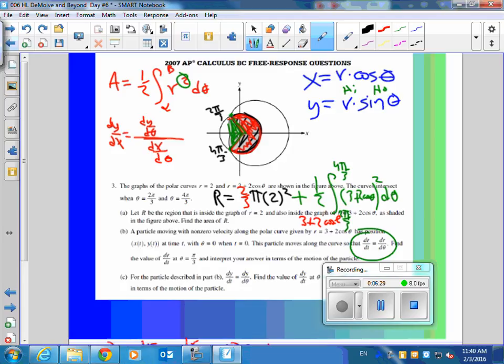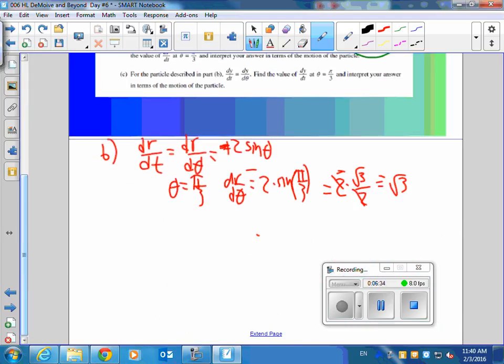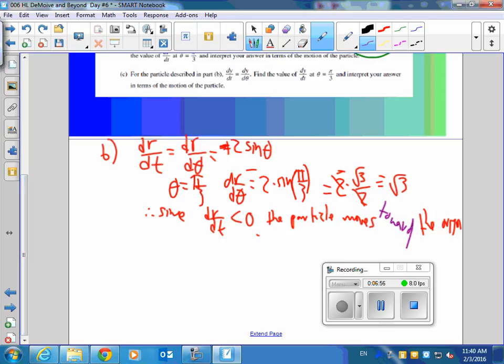So what you would write would be, since dr/dt is less than 0, the particle moves toward the origin. It's negative, so it moves toward. Help me, grammarians. Toward or towards? I don't know. You could go all day on that.